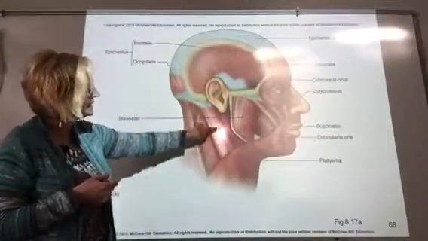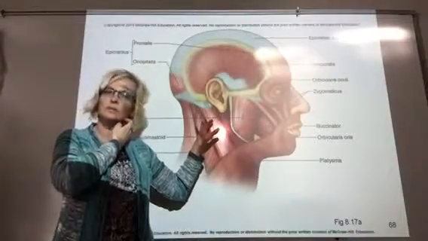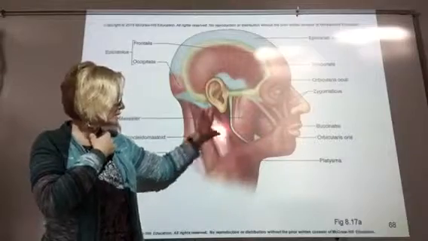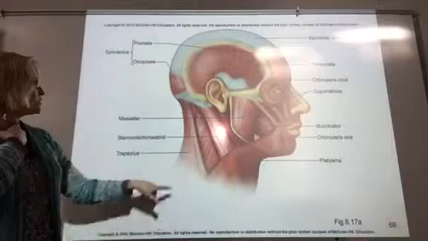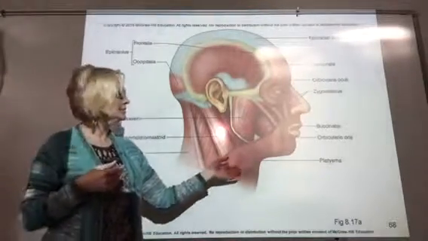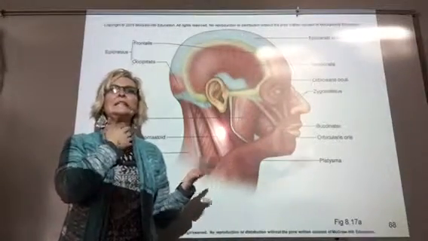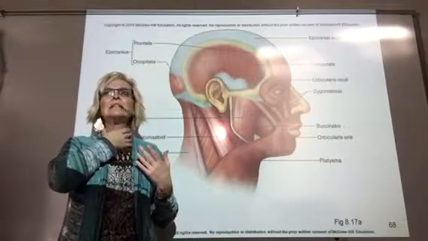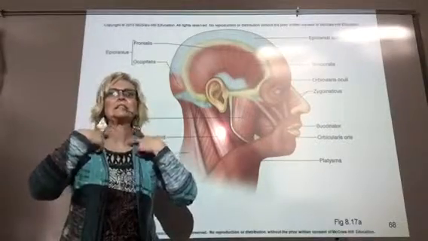Sternocleidomastoid. Here you can see how it's a diagonal muscle. So when it works, it's going to pull your head down in kind of a twisting or a little bit of a sideways motion. Trapezius is along the back. We'll talk about that later. And platysma, a little bit with pulling down, but more for, when you really pull down, you can see the muscles stick out.